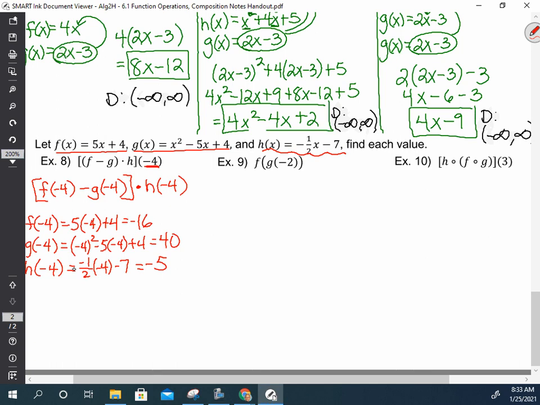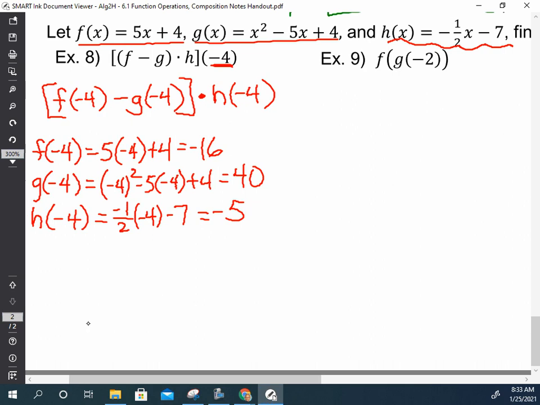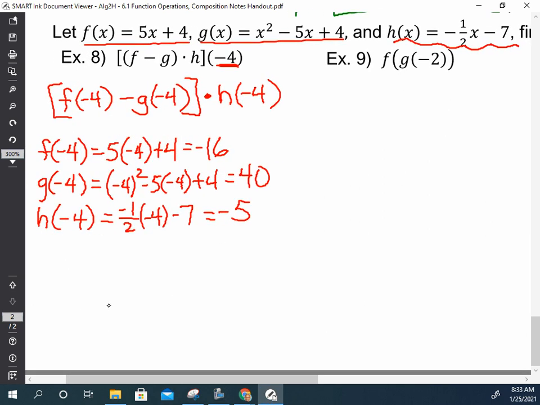So, first step, take a moment, solve everything out. So now let's work it out. F of -4 minus G of -4. So that's -16 minus 40.